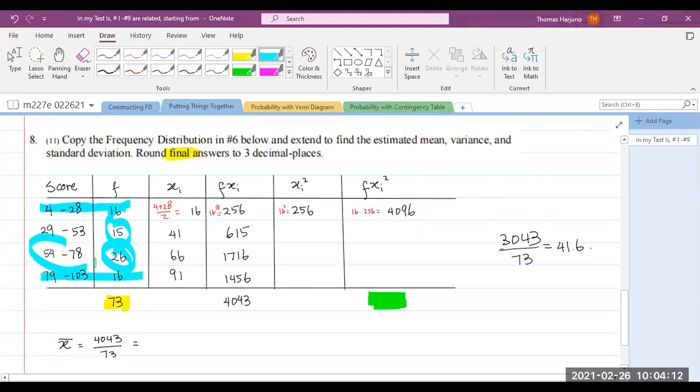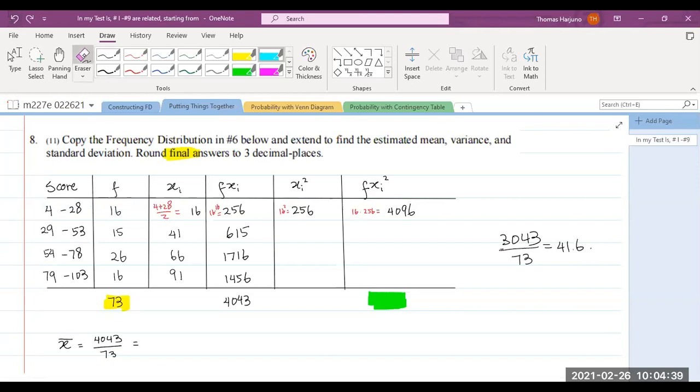So the average is supposed to be between 54 and 78. I use my gut feeling. It won't be 41. So it must be something wrong with my computation from the smell test. I looked back at my calculator and found I added something wrong there. That's how I figured it out.